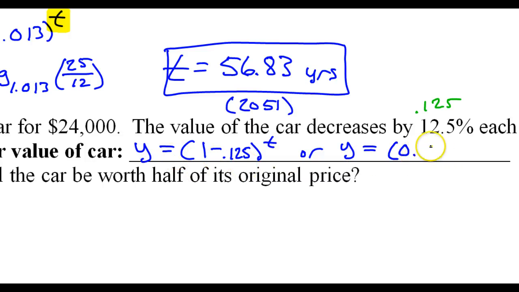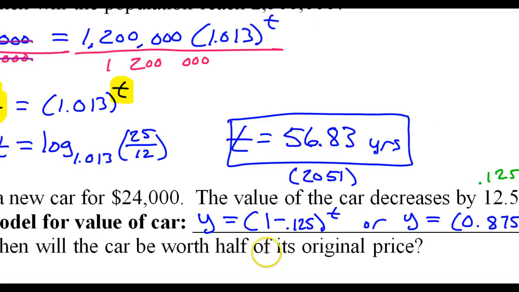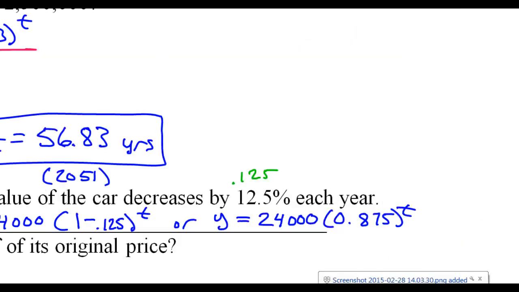I'm going to have to fix that. 0.875 to the t power. The model always has to include the initial amount in front as the coefficient. So the model is y equals 24,000 times 1 minus 0.125 to the t power.